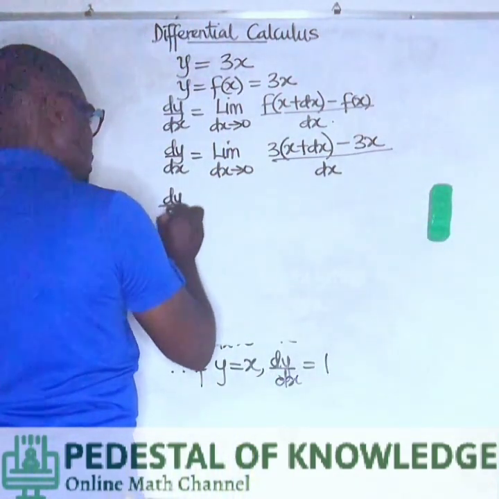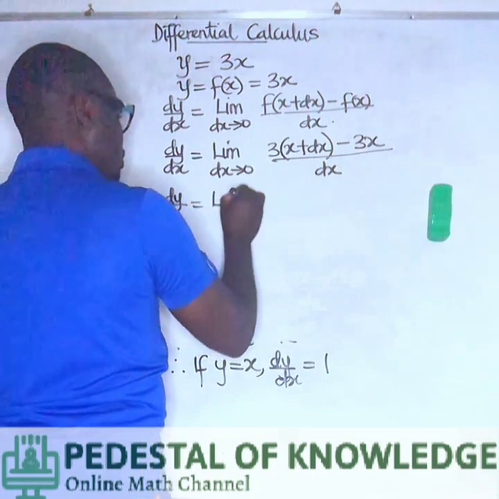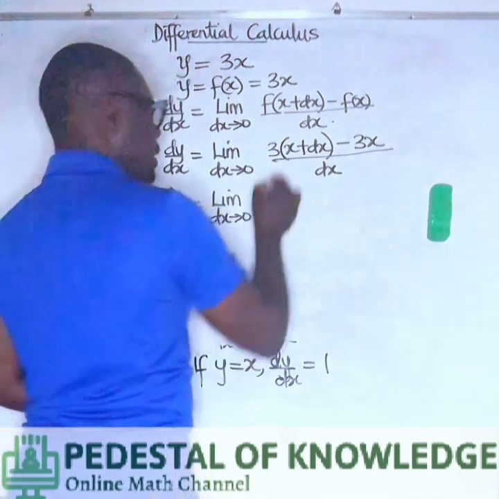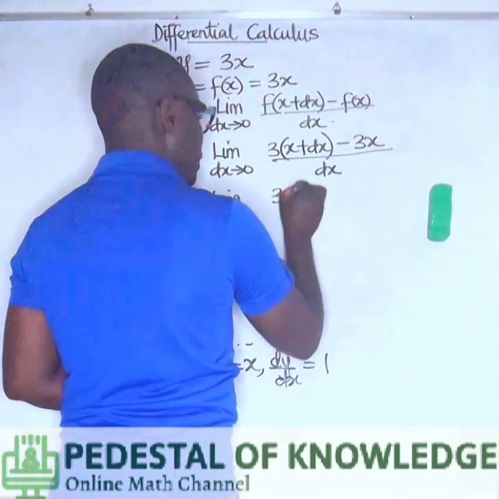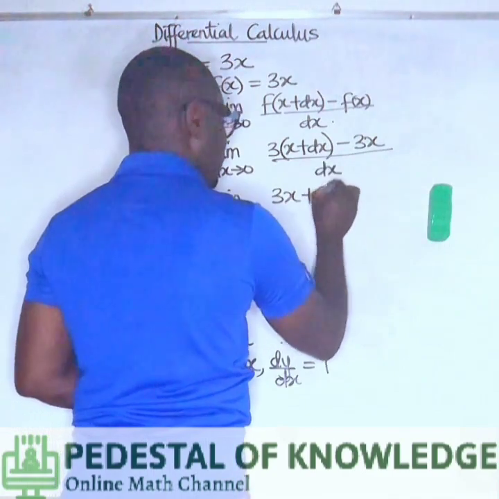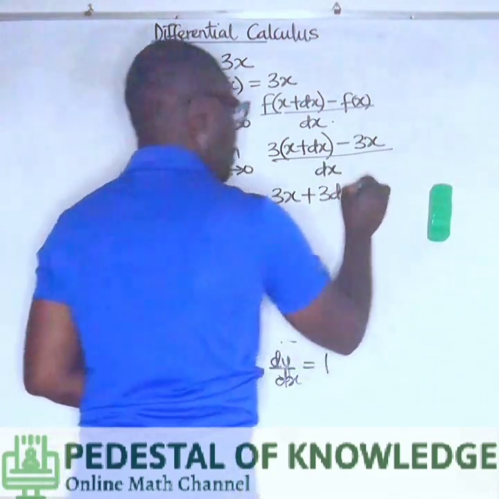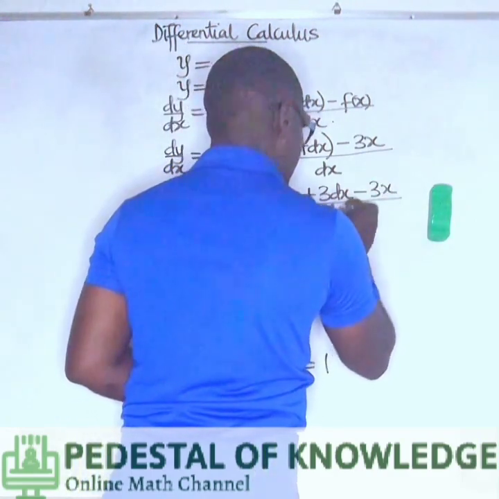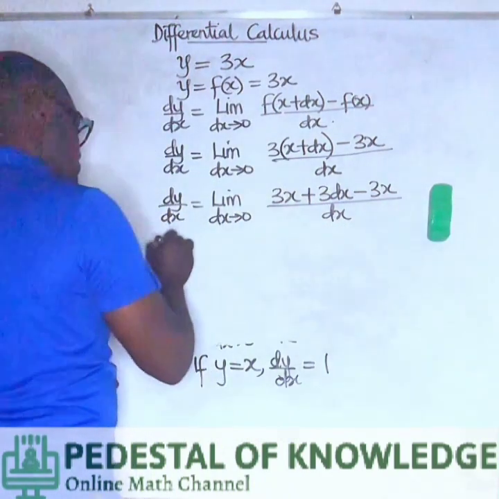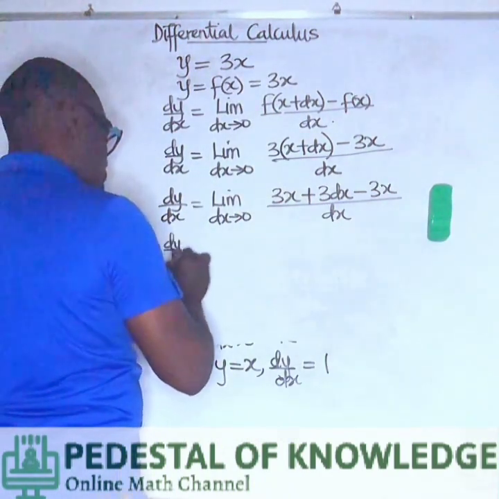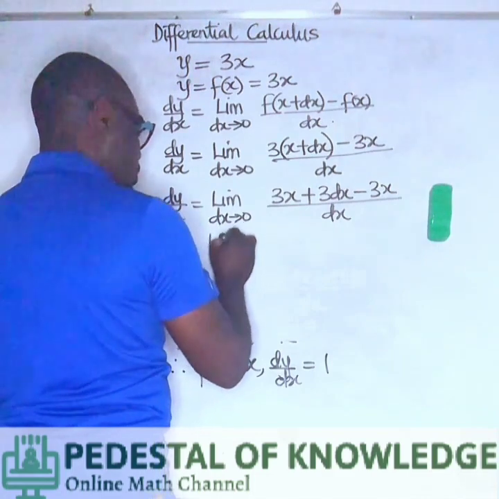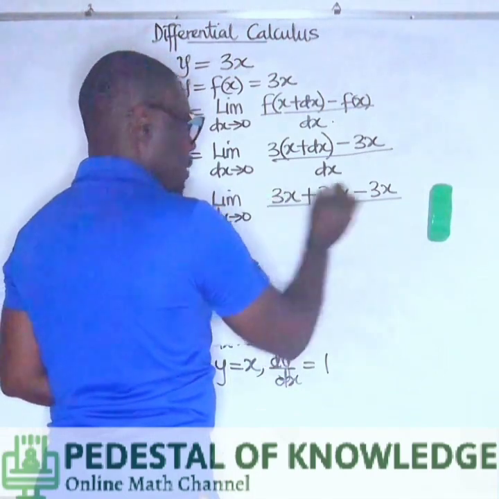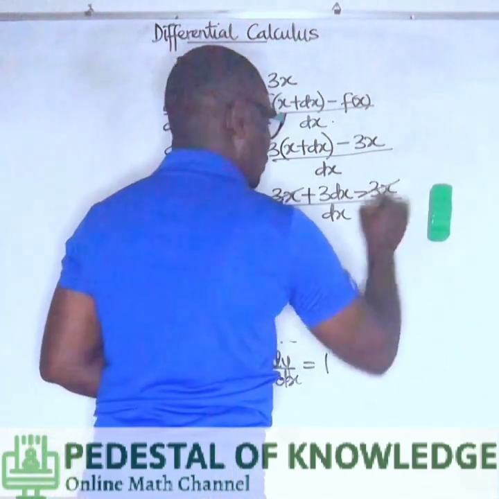We expand this bracket. 3 times x is 3x plus 3 times dx will give us 3 dx, then minus 3x over dx. 3x minus 3x is equal to 0.